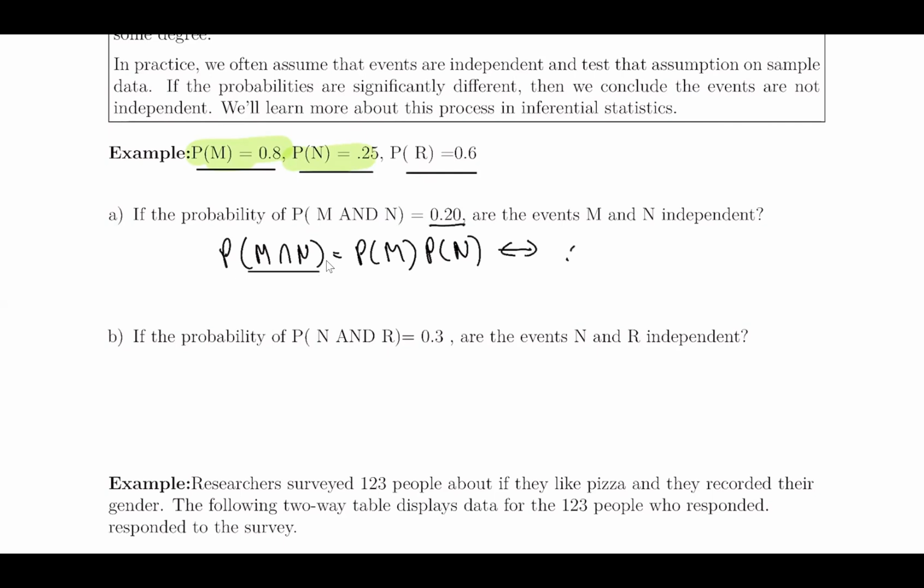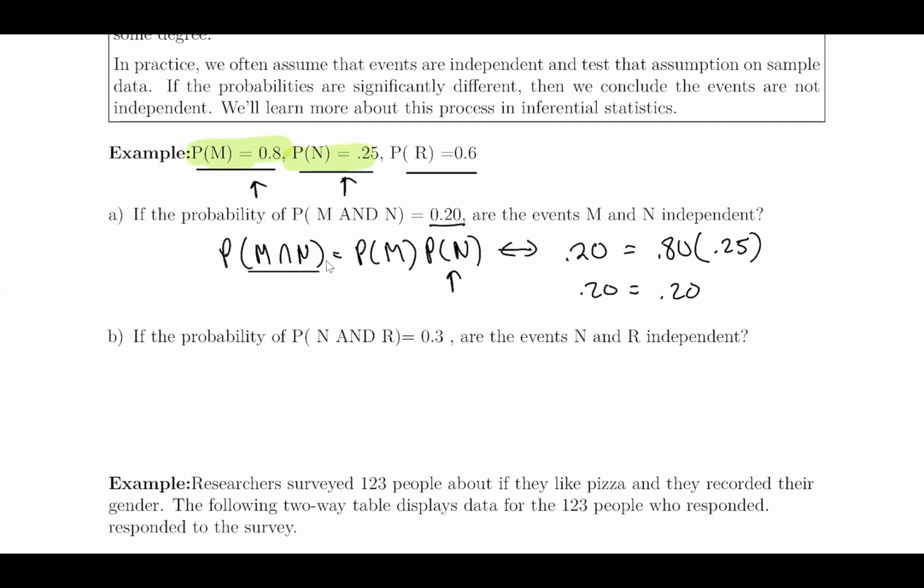So we'll say 0.20 is equal to the probability of M, which we already found to be 0.8, times the probability of N, which is 0.25. So what's 0.80 times 0.25? Cool, thanks, Evan. You get 0.20 is equal to 0.20.